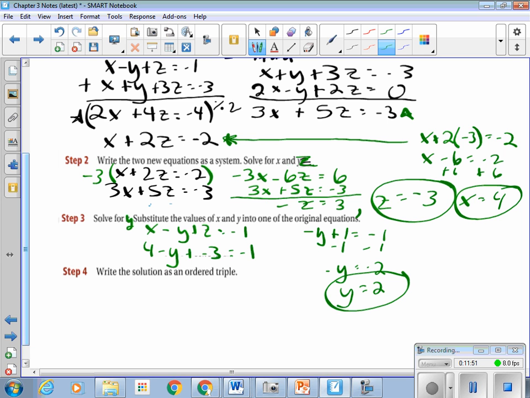So, I got them all. I got x, I got y, and I got z. We're going to write this solution as an ordered triple. An ordered triple means I got an x, comma, y, comma, z, and they're inside parentheses. So I'm going to put my x value first, then my y value, and then my z value.